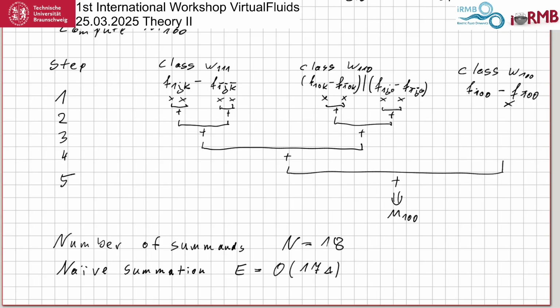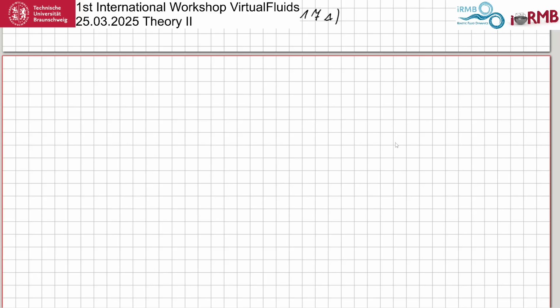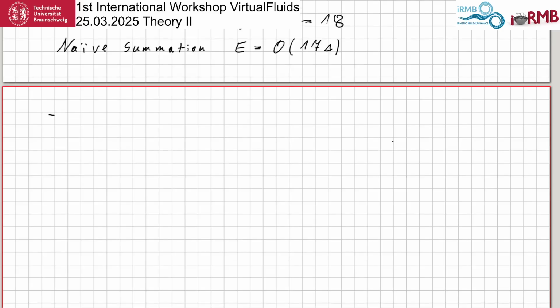whereas the pairwise summation would have not that error. Let's first see how many steps we have.